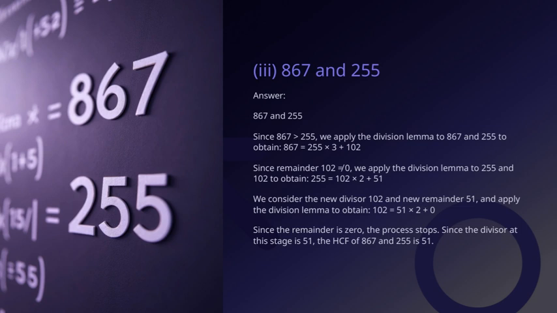We find that 867 equals 255 times 3 plus 102. This process highlights how the division lemma helps us systematically find the greatest common divisor, or GCD, by breaking down the numbers step by step. It also shows the importance of the remainders reducing to 0, which signals that we've found the HCF.